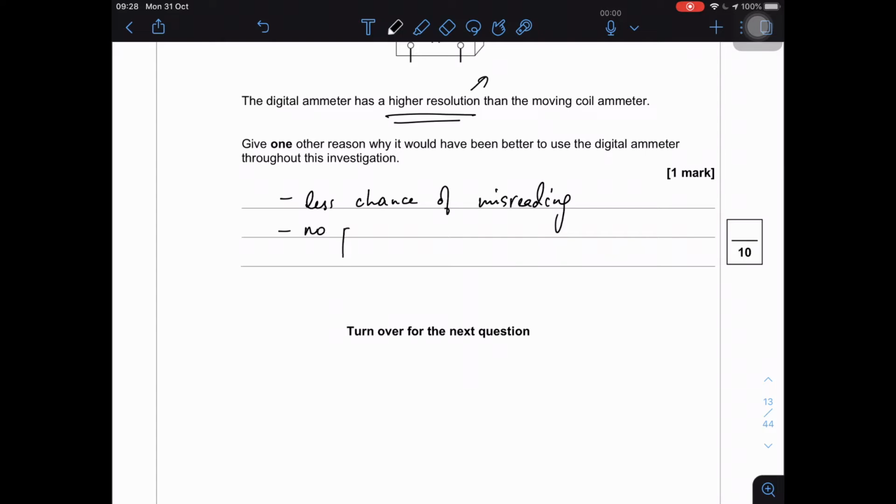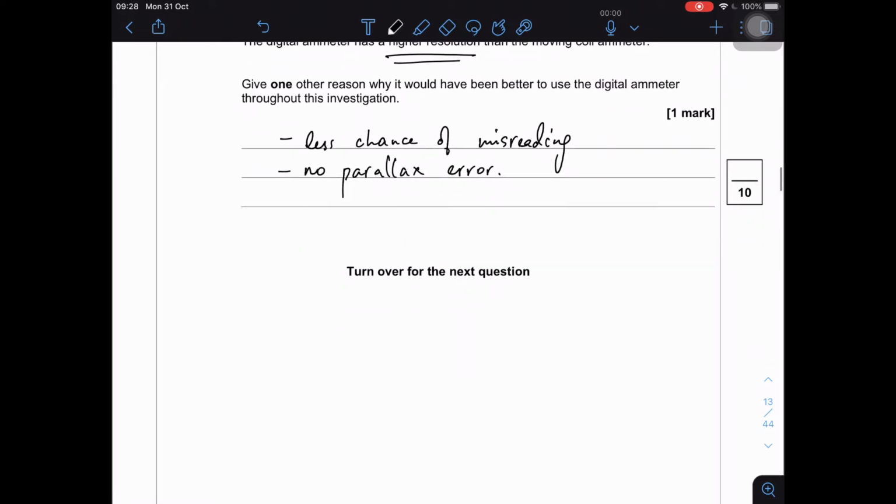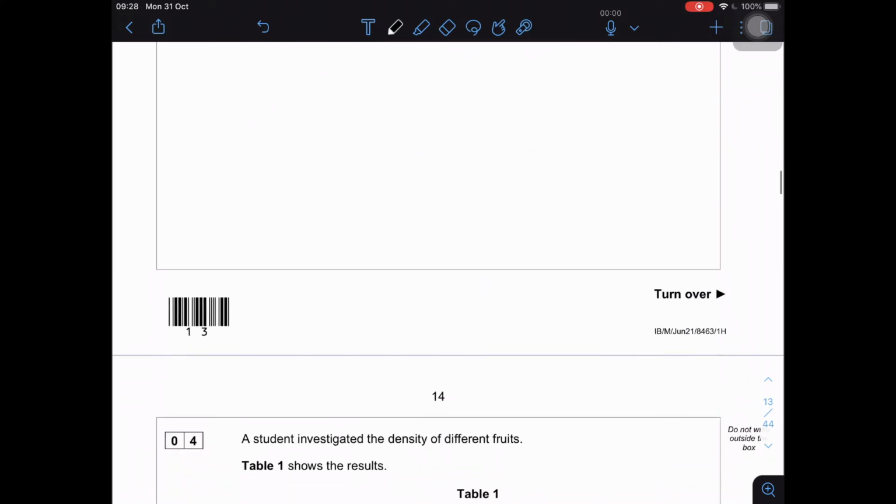Sometimes when you're doing an experiment, your partner sees a different value from you. That's because you're looking straight ahead and your partner is looking from the side. Any one of these two is the right answer.